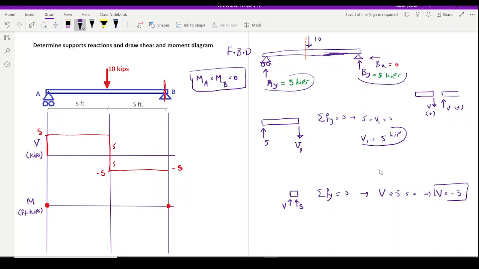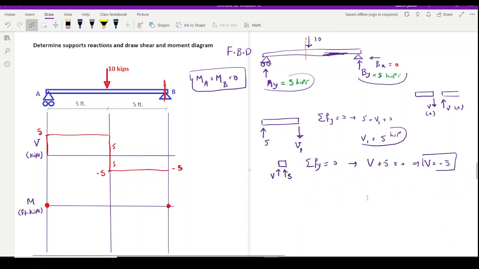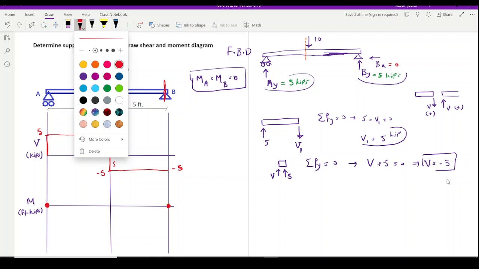Let's go to M, and M is going to be something very similar. We learned that M is 0 at both supports. Therefore, we just need to find M at any point in the middle, and the rest is going to be very simple. Let's use this FBD that we have in here.